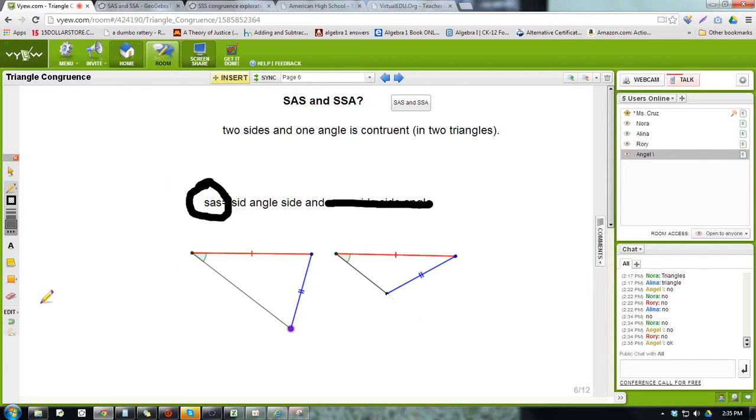All right. So if you are doing this assignment, which many of you might be working on now, if you see something where the order is angle side side or side side angle, you can't prove anything. The angle has to be in between the two sides. Okay. Is that clear to anyone, or is anyone confused by that?